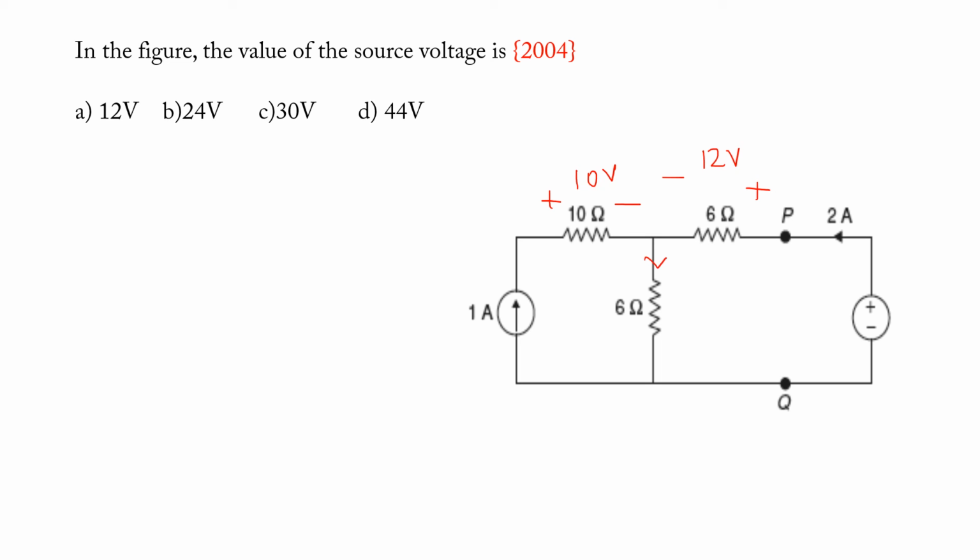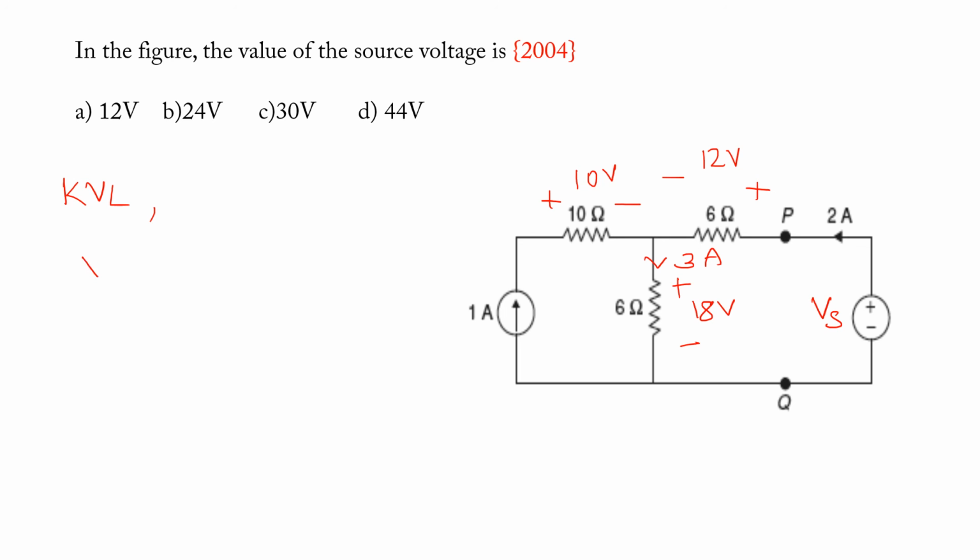So what is the current flowing through this? 1 amps and 2 amps. So total it is 3 amps. So current flowing through this, 3 into 6, is 18 volts. So let us write this voltage source as Vs. To find this voltage source Vs, we apply KVL to this loop.